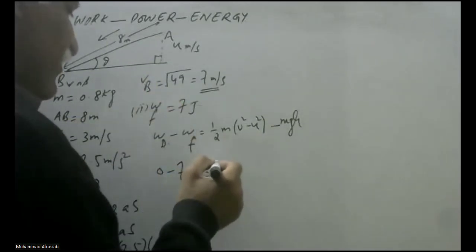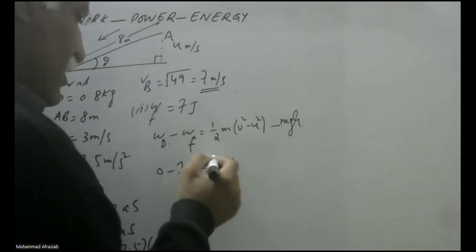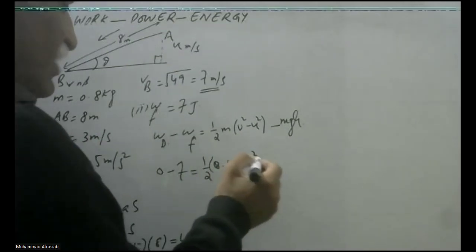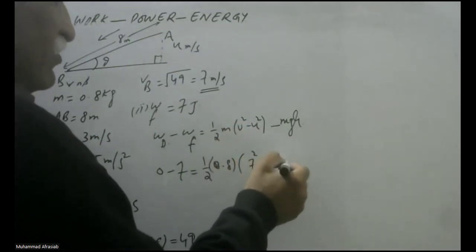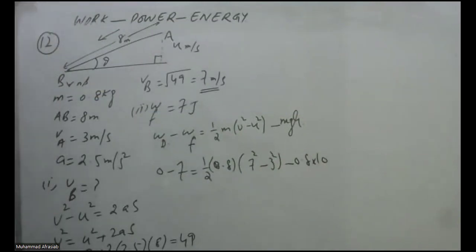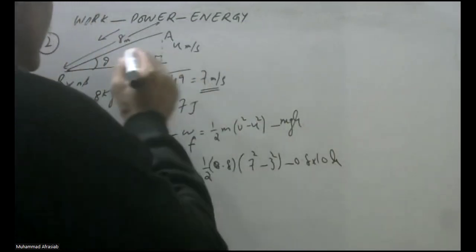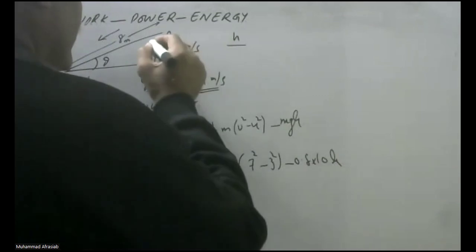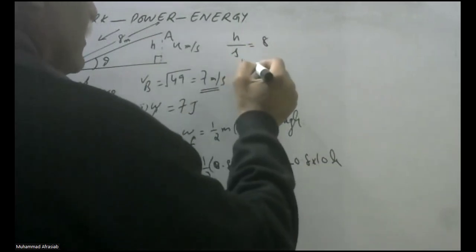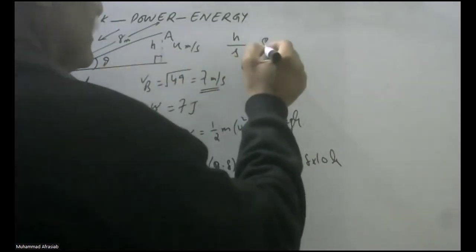That is equal to half, mass is 0.8, into V square, velocity at B is 7, minus velocity at A is 3, minus m, that is 0.8, into g, which is 10, into height h. But from this calculation, height over S, where S is 8, is equal to sine theta.